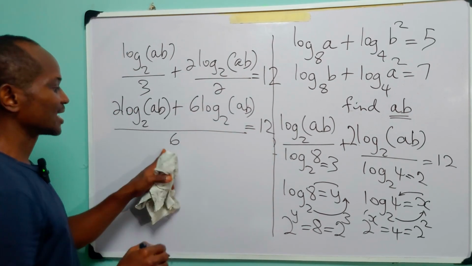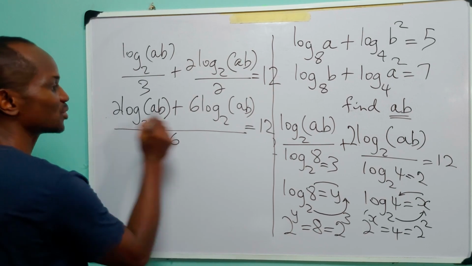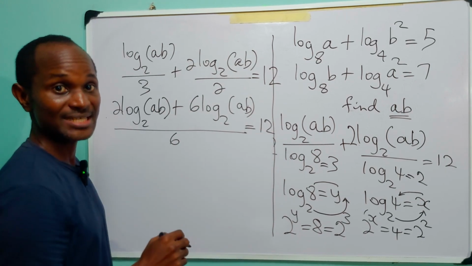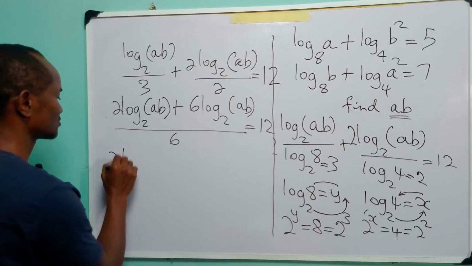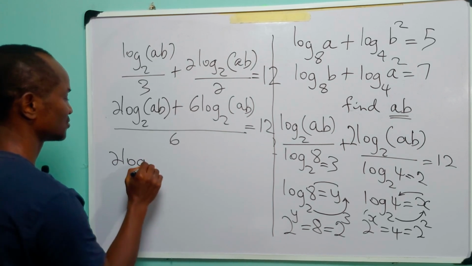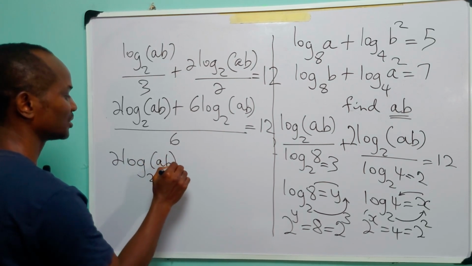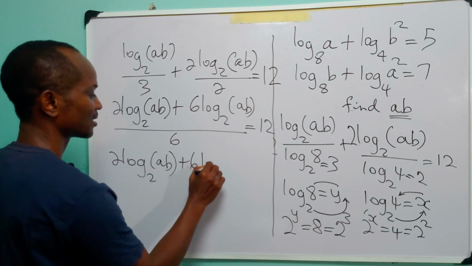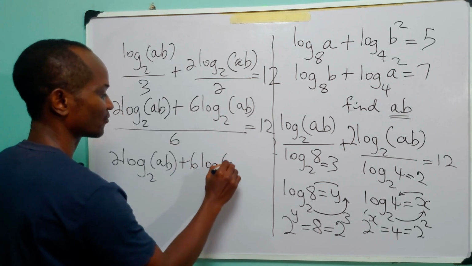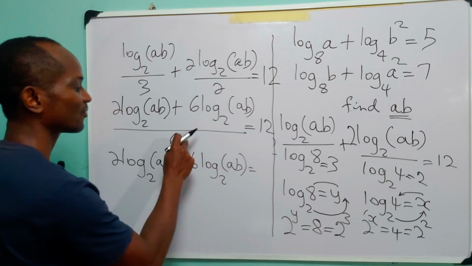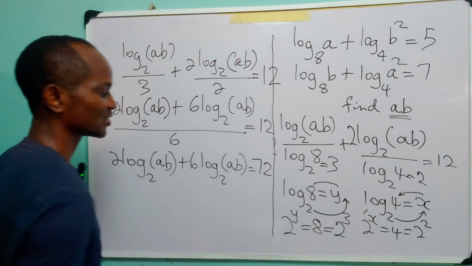12. To get rid of this 6, we must multiply both sides of this equation by 6. So we have that 2 log to base 2 of AB plus 6 log to base 2 of AB is equal to 12 times 6, which is 72.